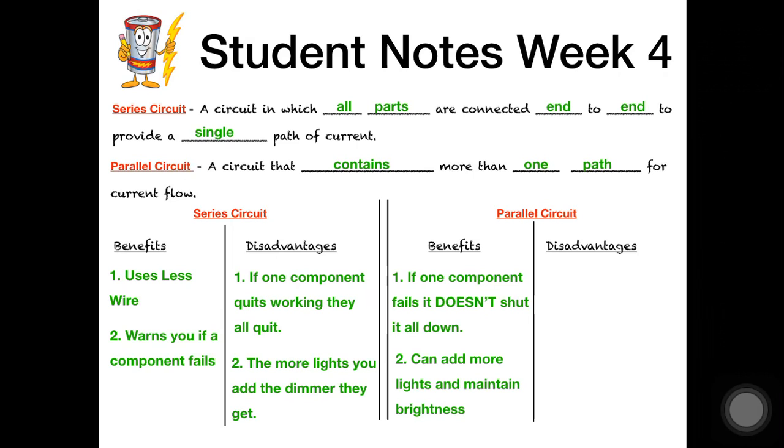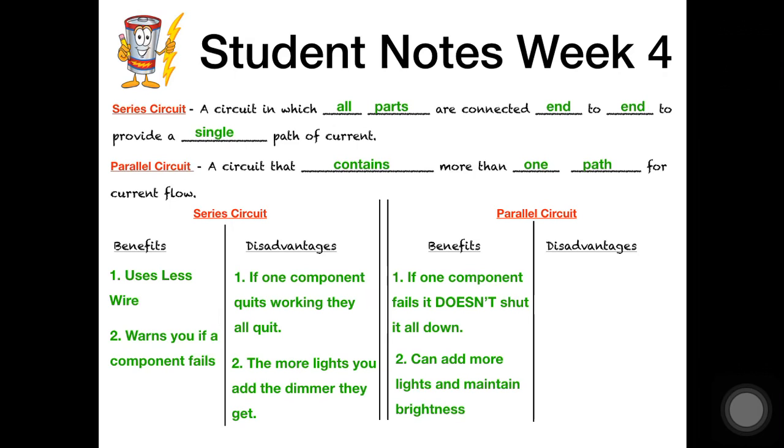And if you're using higher voltage than what I was using, you see even less of that dimming happening. So if you use a 9-volt battery or something like that, there's less dimming that occurs. But for the most part, there's very minor dimming that occurs with a parallel circuit.